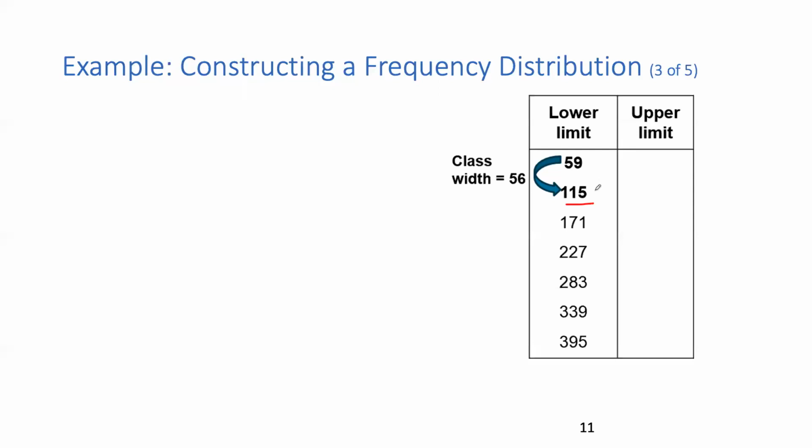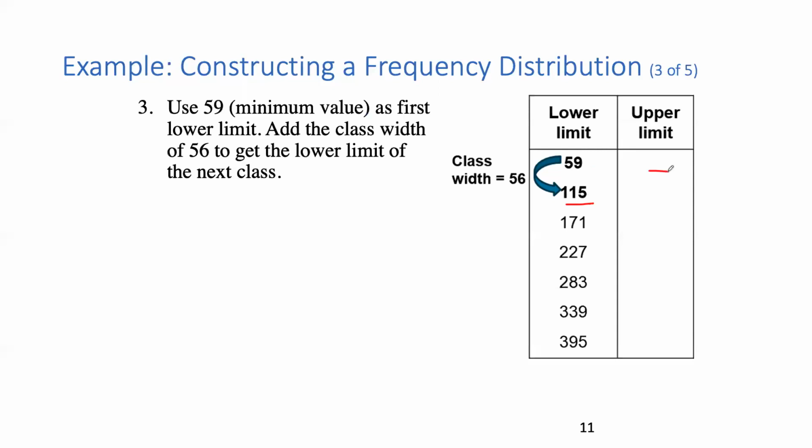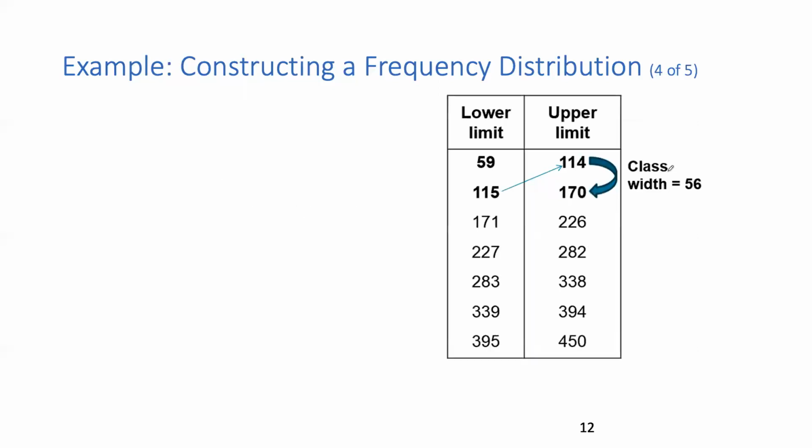If I pick up a number like 115, does it belong in the first class or the second class, right? So in order to avoid that confusion, in the first class, I need to end just before the second class begins. So if the lower limit of the second class is 115, then the first class needs to end just before that.